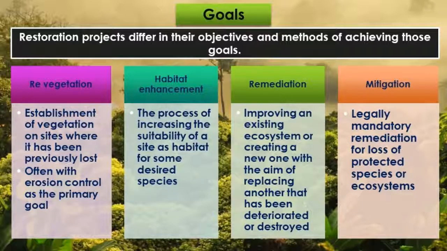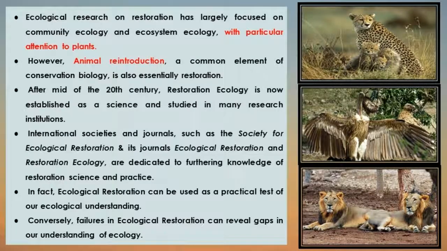Then mitigation: it is a legal requirement that the loss of protected species or ecosystems should be restored. Ecological restoration research has largely focused on community ecology and restoration of ecosystems, with particular attention to plants.